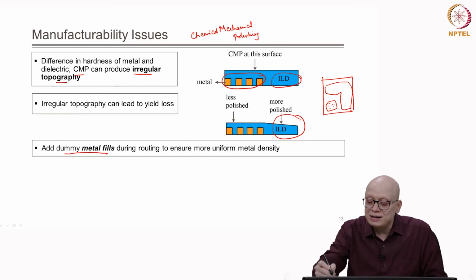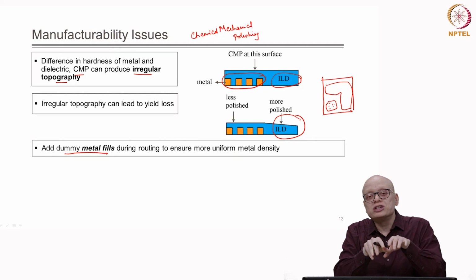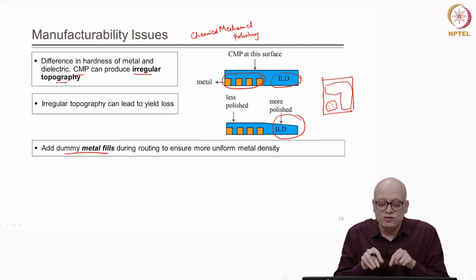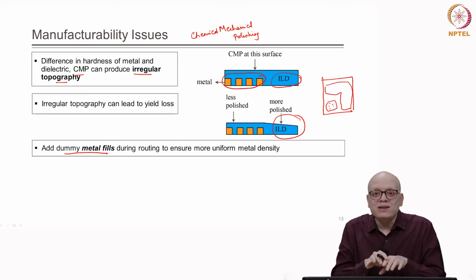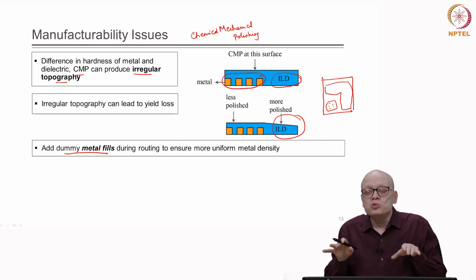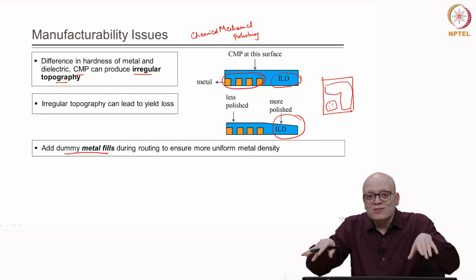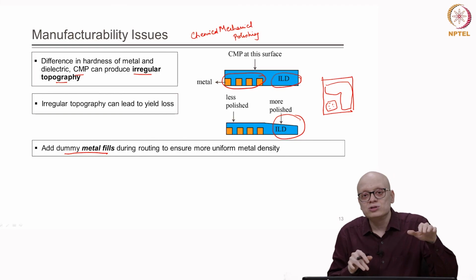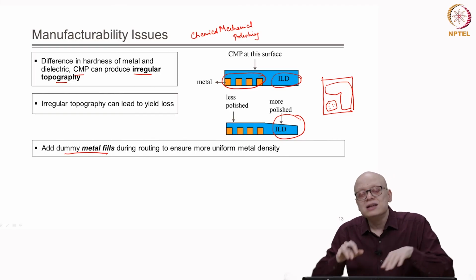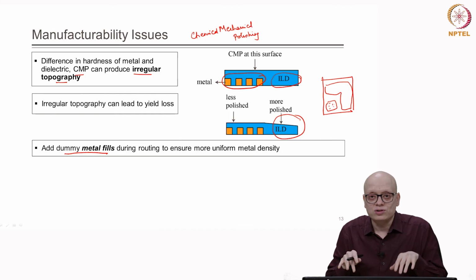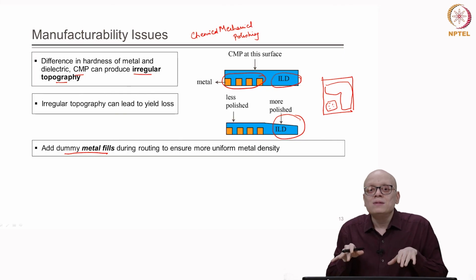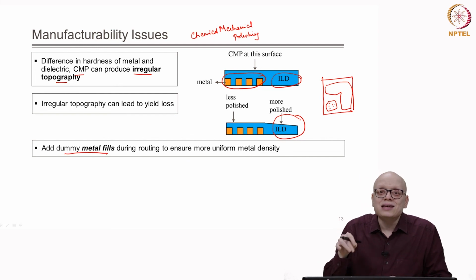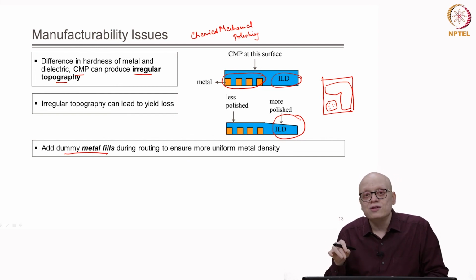If some portion of our layout does not have enough metal, in that portion we fill extra metal which is not doing any functionality. It is just to make the roughness of the chip evenly distributed throughout the chip, right. It should not be that some area is very soft, some area is very hard, and so on. To make the hardness of a given layer uniform, we insert extra metal fills in the area where there is not enough metal.